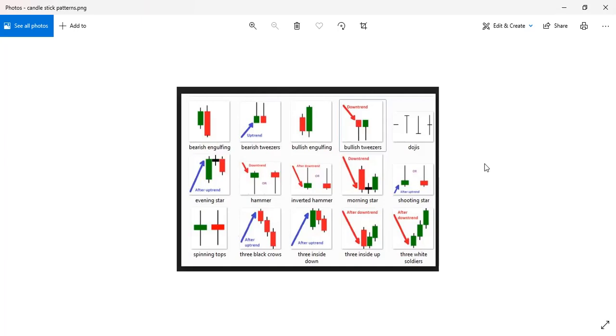There are 3 categories involved. We have the single candlestick, the dual candlestick, and the triple candlestick. So this is what will happen: you find 2 candlesticks from each category.